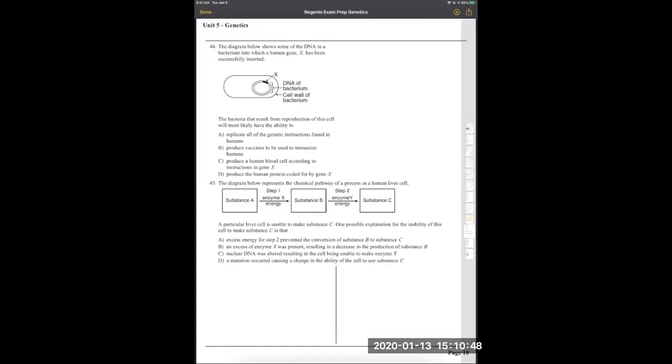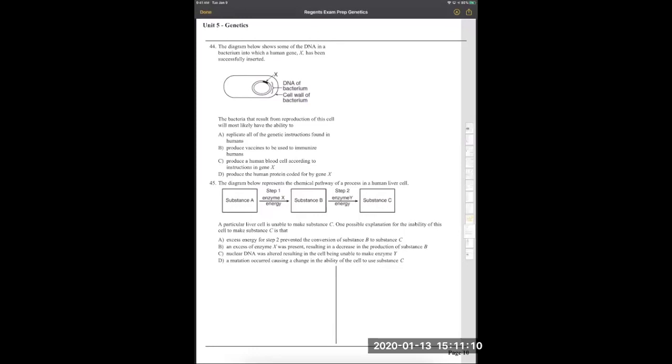All of the genetic instructions? Okay, that's interesting. Why would it replicate all of the genetic instructions found in humans? That's strange. B, produce vaccines to be used to immunize humans.